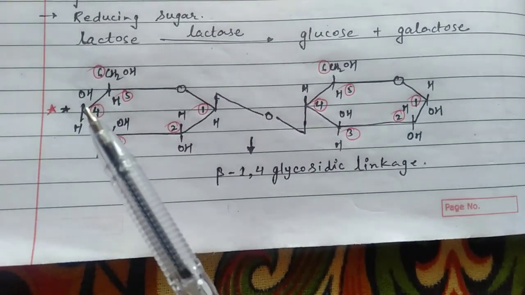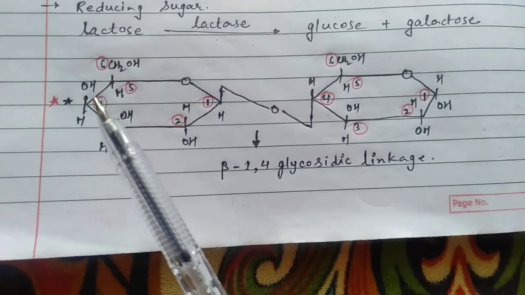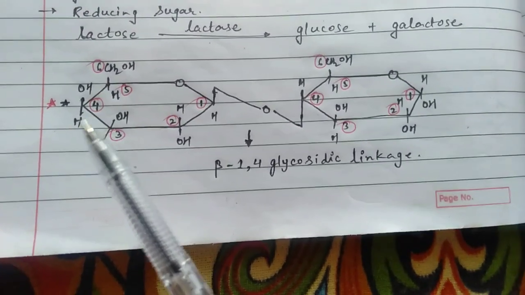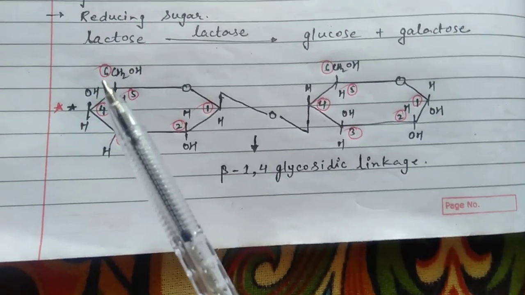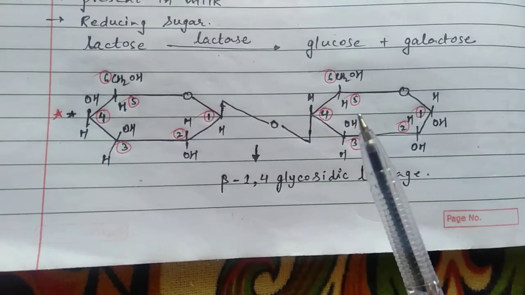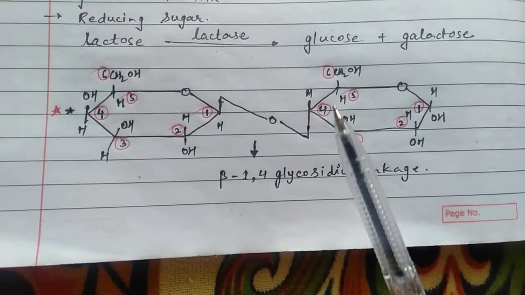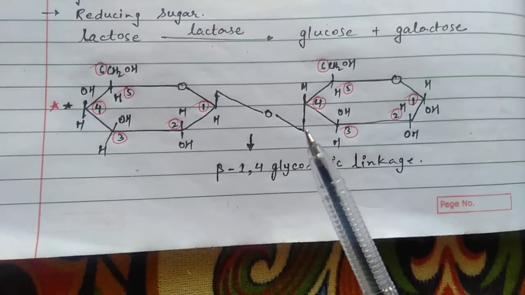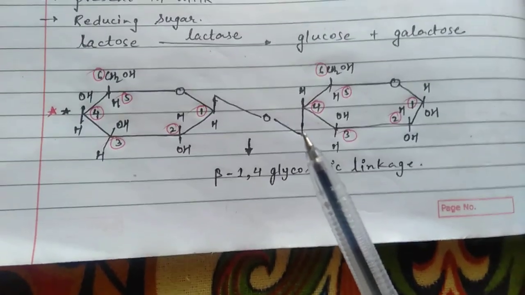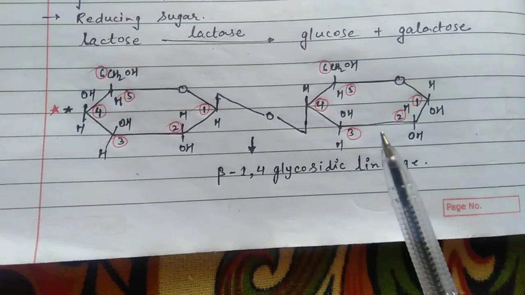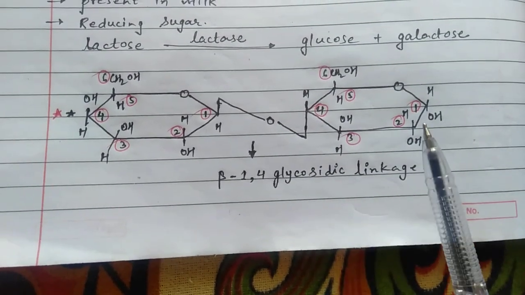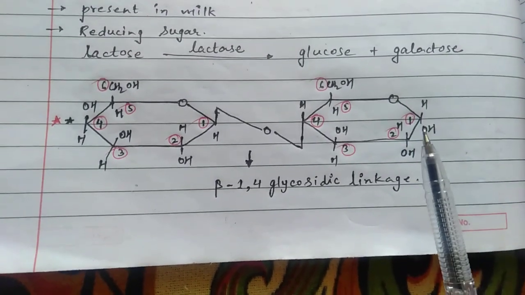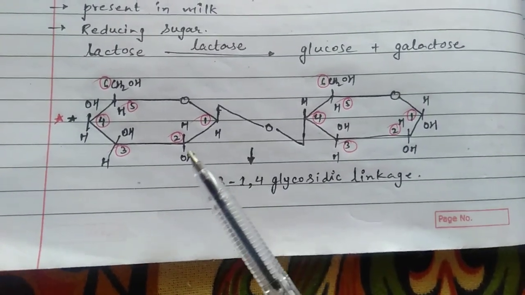You can see the difference here. At carbon number 4 in galactose, the hydroxyl group is present over the carbon, and in glucose, at carbon number 4, the hydroxyl group is present under the carbon. So this is the difference between glucose and galactose, and the rest of the structure is completely similar. You can see here HO at carbon number 1, H and OH, here also similar.